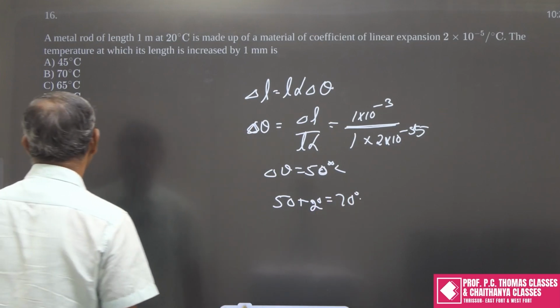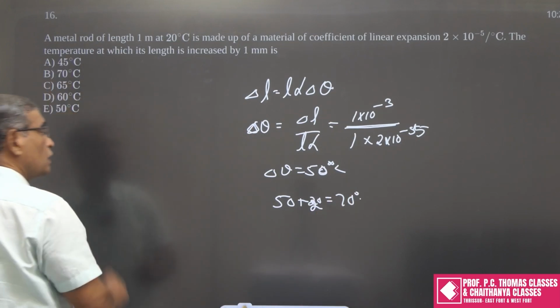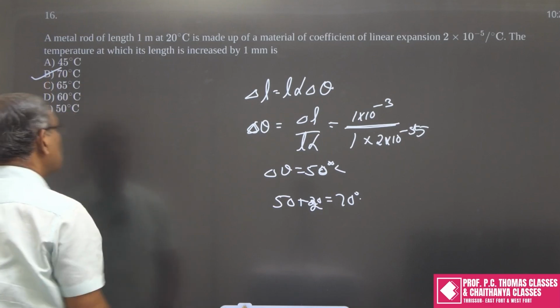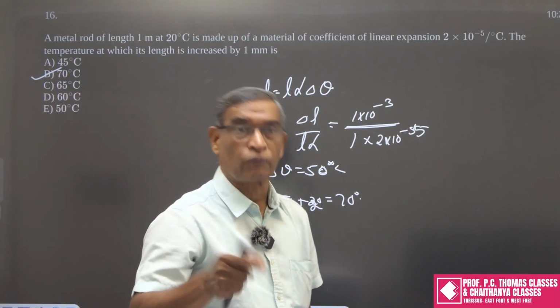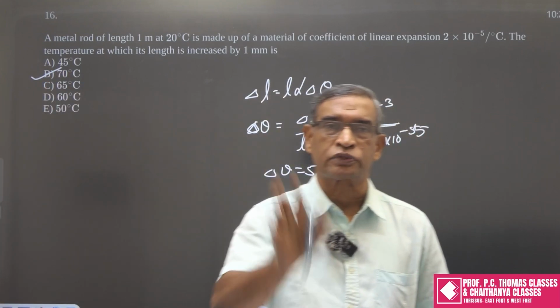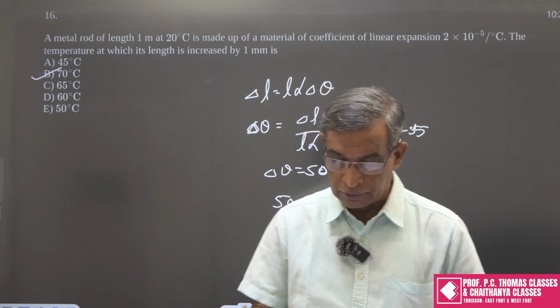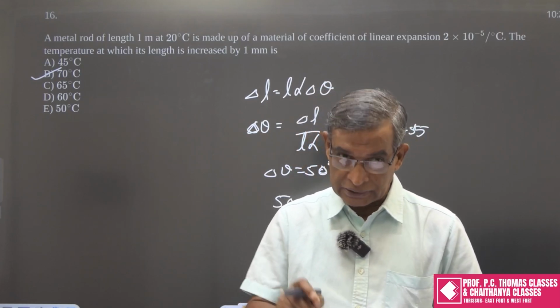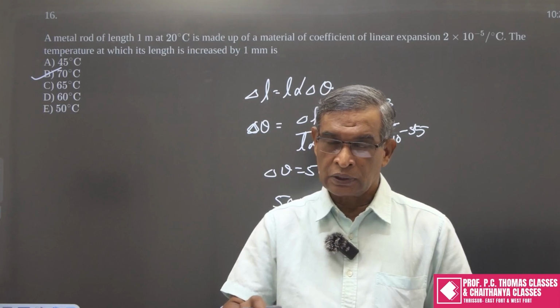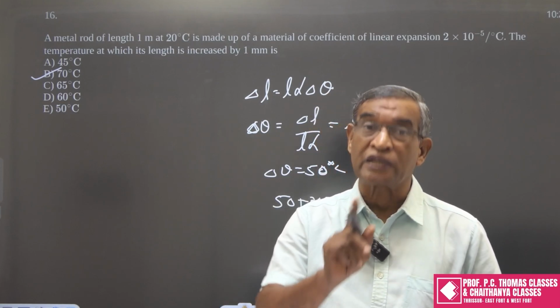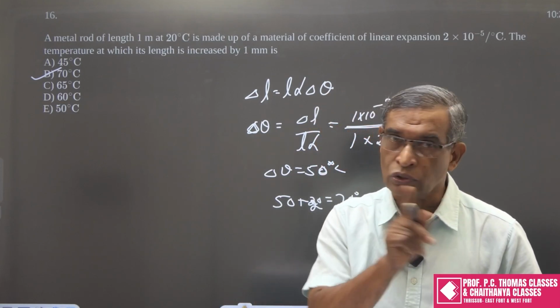So the answer is 70 degrees. It is heated through 50 degrees, so that the final temperature becomes 70 degrees. So the option is 70. Careful: on calculation, what you got, 50, is the increase in temperature. The question is not the increase in temperature.